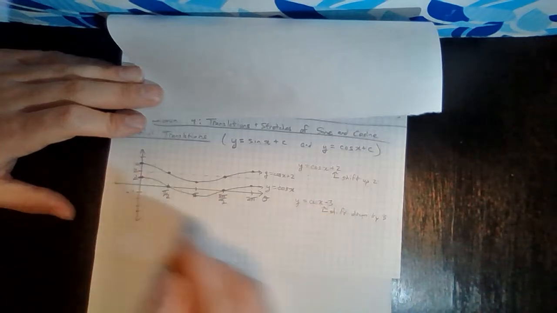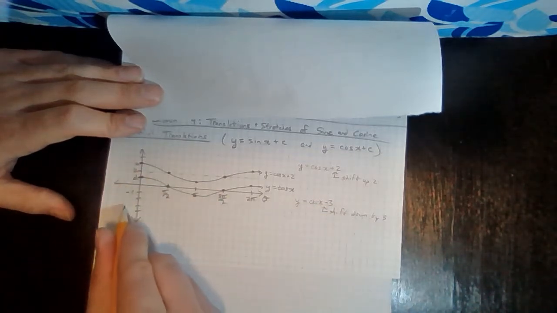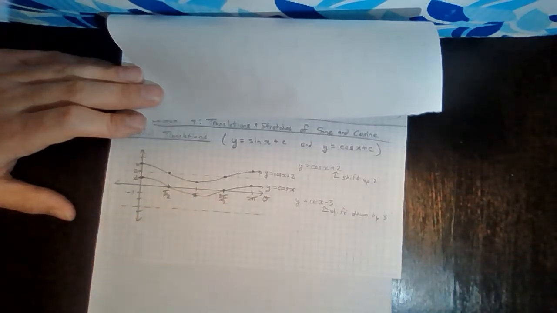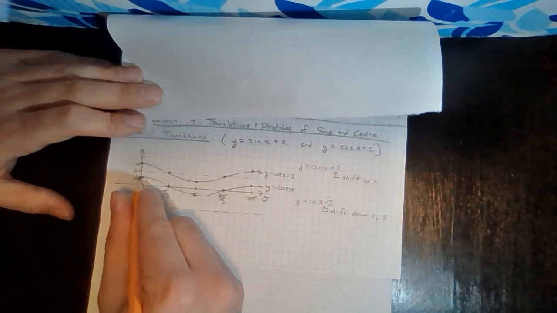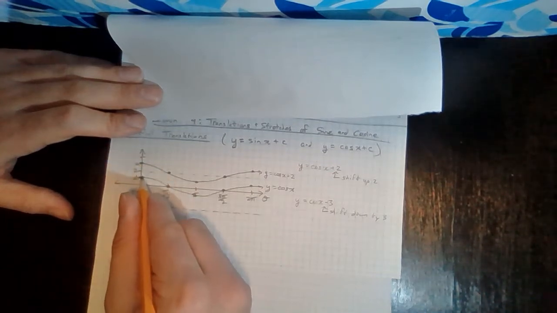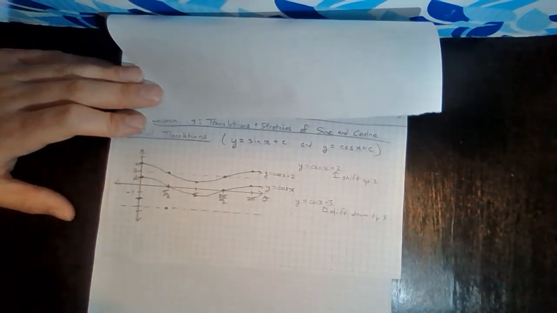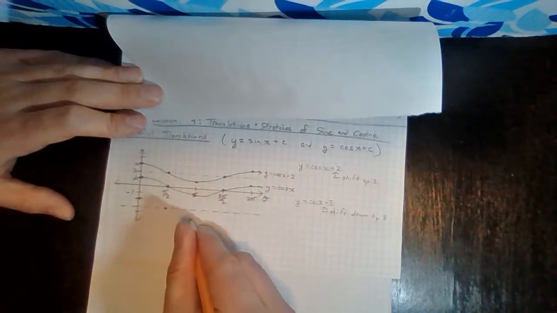Cosine of x minus 3, everything's getting shifted down by 3. So our axis of symmetry now is going to be at y equals -3. Our y-intercept that was at 1 gets shifted down 3 to -2. Our next point is on the axis.